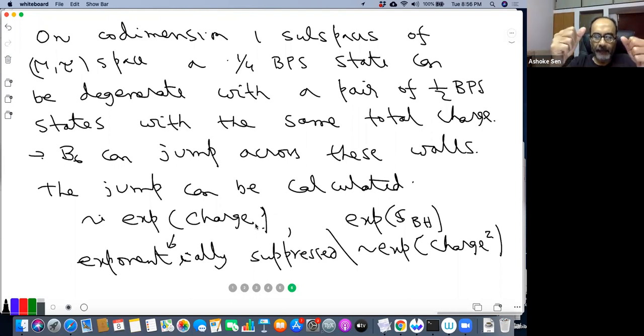As we approach these walls of marginal stability, the distance between these two constituents starts increasing. And on the wall of marginal stability, this distance goes to infinity. So basically what happens is this bound state falls apart. And because on the wall the index is ill-defined, because it's marginally bound, this jump can happen. Basically the state goes off to infinity and disappears. Great, thanks.